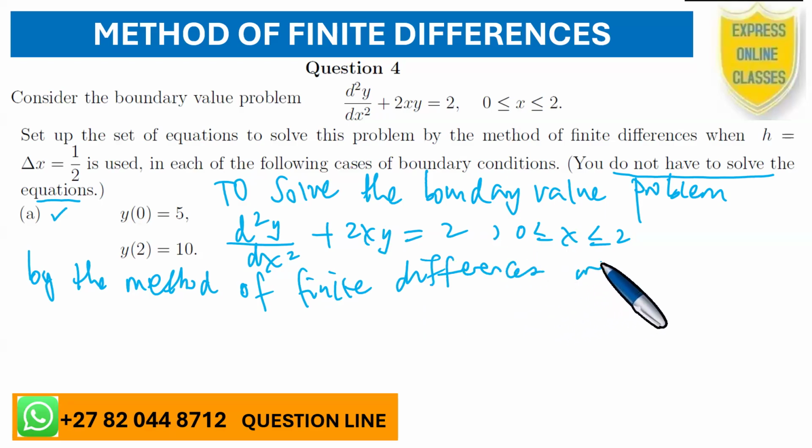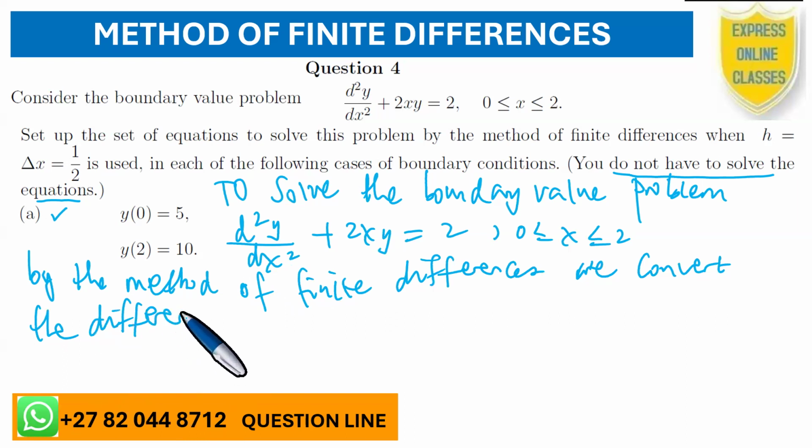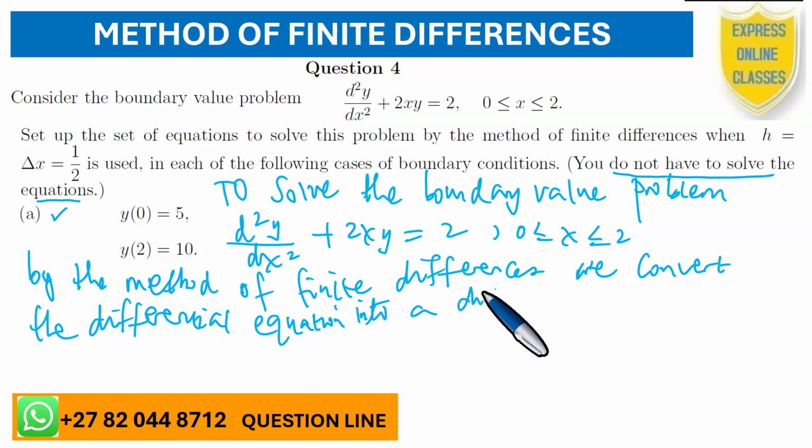First and foremost, we convert the differential equation to what we call a difference equation. How do we convert the differential equation into a difference equation, since it's the method of finite differences? We need to state the formulas that we use in this case.